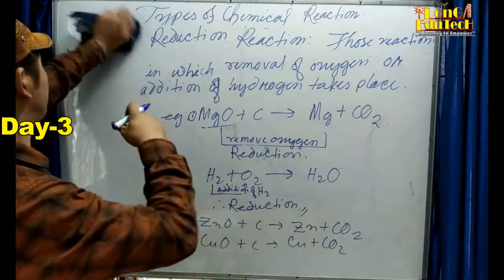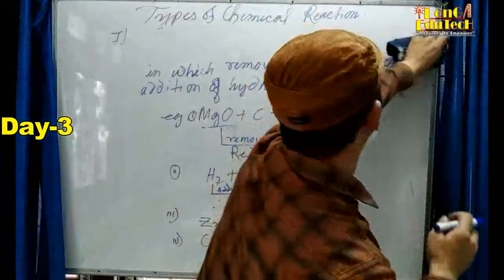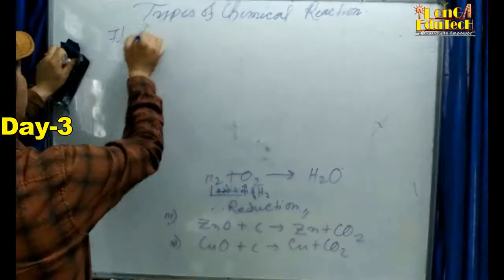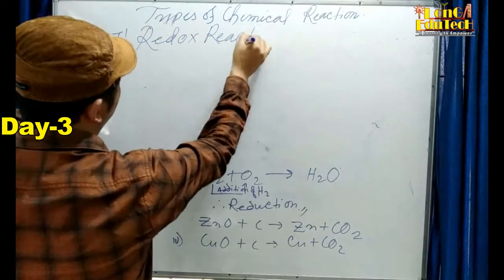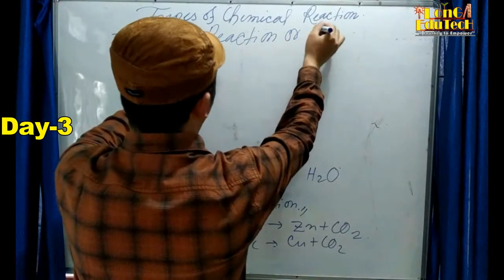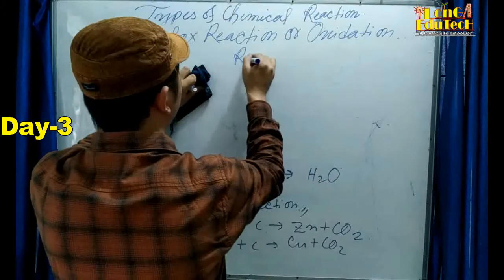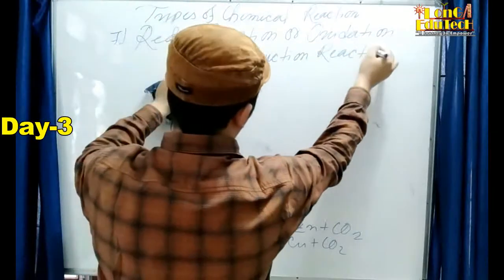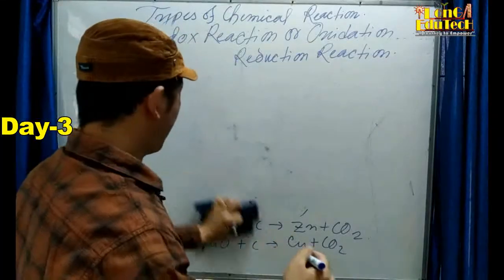Now next goes to number 7, oxidation reduction reactions, redox reactions, also called oxidation reduction reactions. Before this I did not explain oxidizing agents and reducing agents.